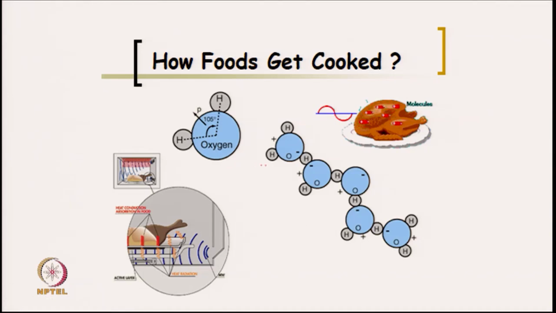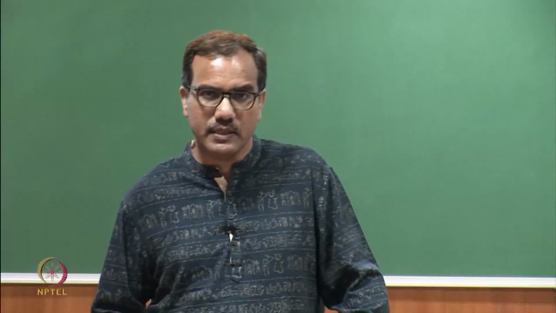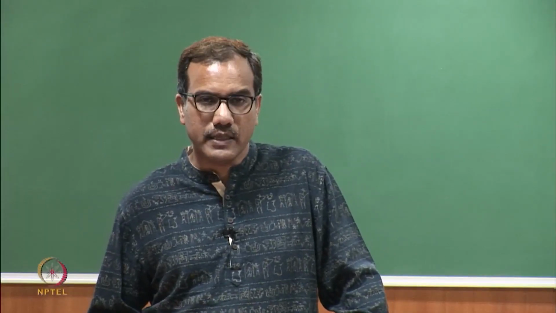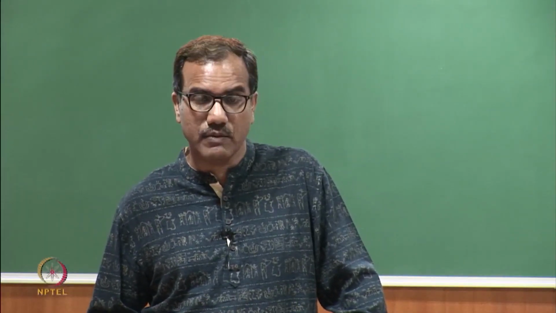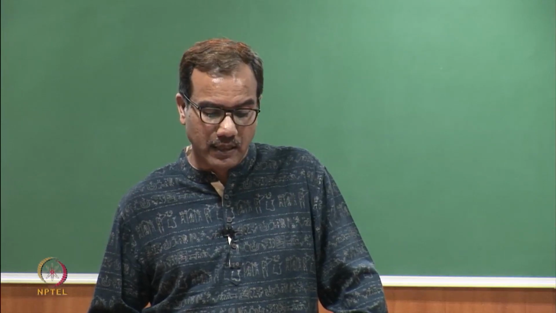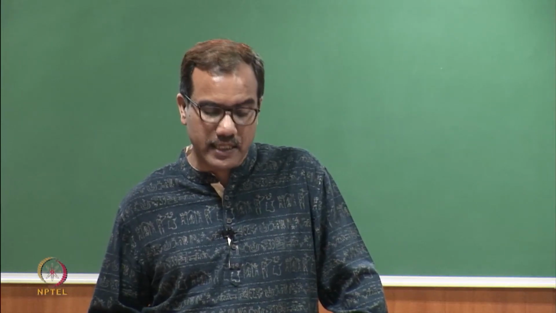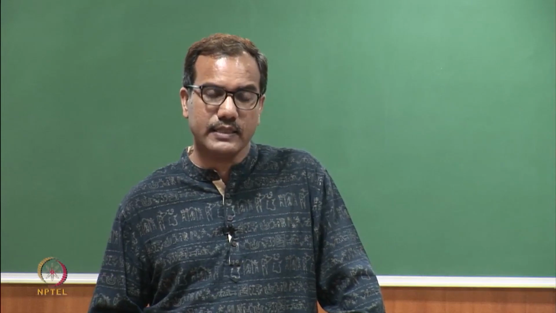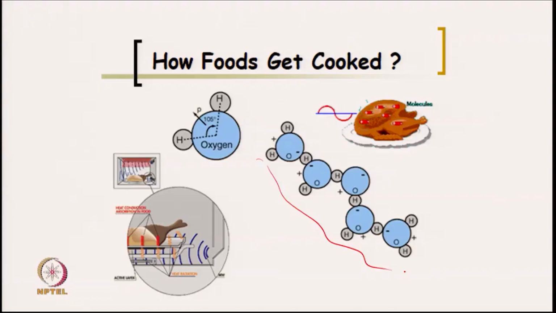These are the water molecules, and they absorb the microwave radiation, and when they try to come back to the ground state, they do so by non-radiative emission. What that means is it releases heat and then comes back to the ground state.